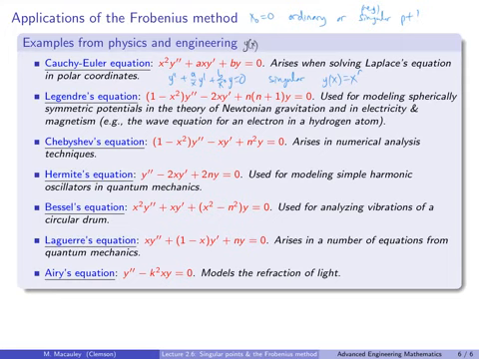What about Legendre's equation? Now, if we divide through by, I don't know how to write this. How about, let me do Chebyshev's equation first, just so it's a little bit shorter. So Chebyshev's equation, let's divide through by 1 minus x squared, and we get y double prime minus x over (1 minus x)(1 plus x) times y prime plus n squared over (1 minus x)(1 plus x) times y equals 0.